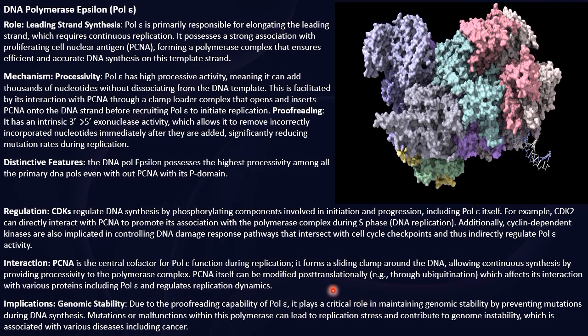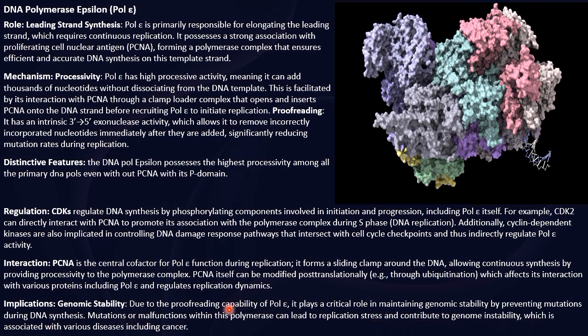Now, one of the most important implications is genomic stability. Due to the proofreading capability of pol epsilon, it plays a critical role in maintaining genomic stability by preventing mutation during DNA synthesis. Mutations or malfunctions within this polymerase can lead to replication stress and contribute to genome instability, which is associated with various diseases, including cancer.